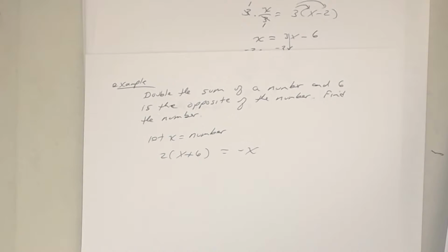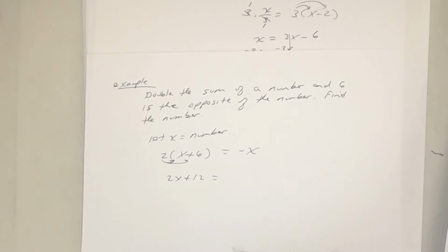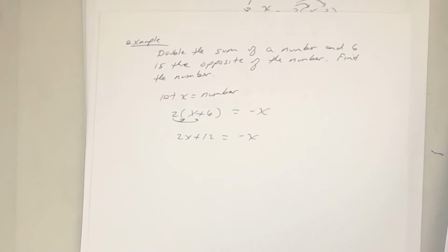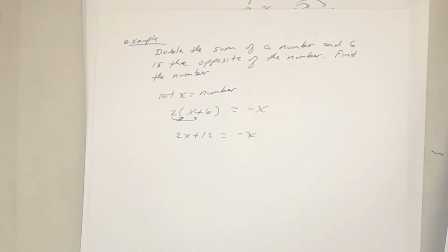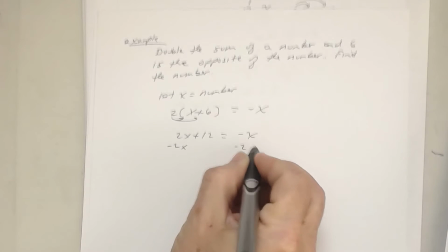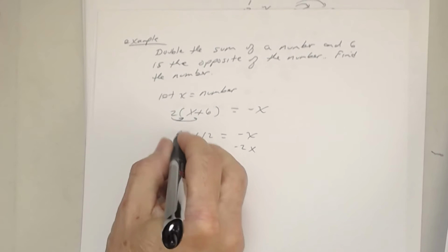All right, what's the next step? Now you're going to solve the equation. Distribute. Once you get the equation, the rest is easy. What's the next step? How do you want to approach that? Subtract 2x from both sides. You can definitely do that. What you do to one side, you do to the other, and subtracting 2x is going to help. 2x minus 2x is 0.